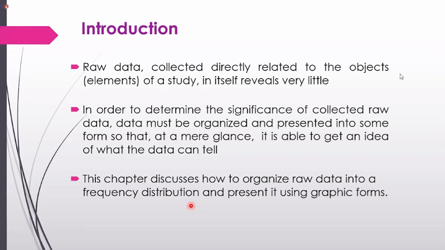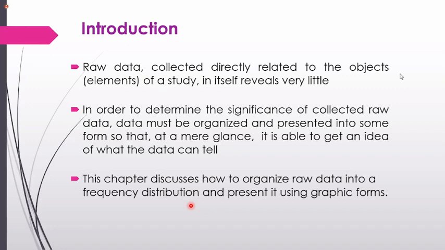Sometimes you can find out which observations occur most. But when we have very massive data, even identifying the minimum number, the maximum number, or which value has most occurrences is very difficult. Right? So it reveals very little information.